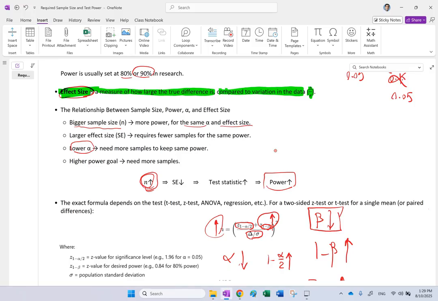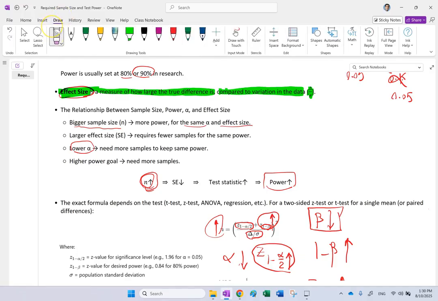When that number goes up, the z at that is also going to go up. So if you keep everything else the same, which is the power of the test and the effect size, when the chance of type 1 error goes down, which means z of it goes up, that of course needs a bigger sample size as well.